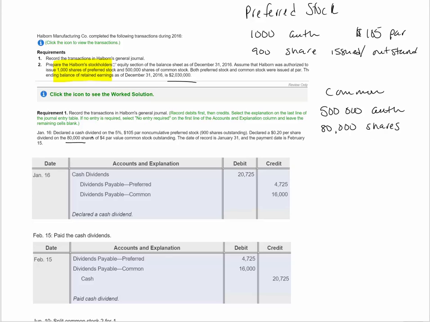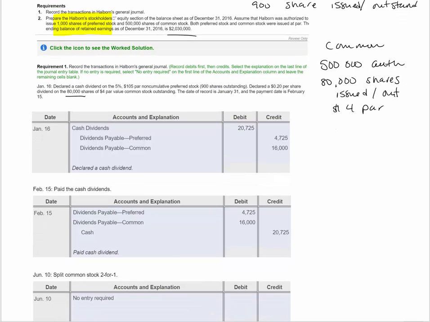That's how many are out there right now, and it's $4 par common stock. We declared the dividends and then we paid the dividends, but that does not affect the amount of shares that are out there. So the common stock accounts have not been affected, just the payable and the cash.